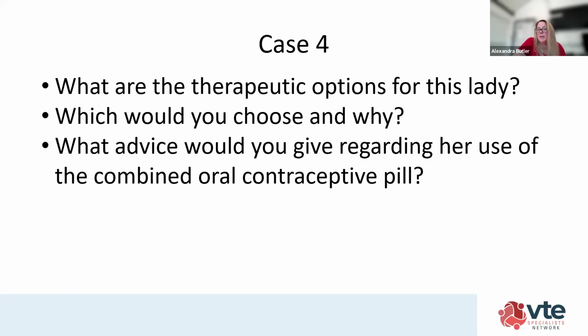Apixaban, switch to POP or other depot. Any DOAC, switch to progesterone only pill. Can have a DOAC, counsel about pregnancy. Apixaban, any DOAC, she should stop using the OCP, any other alternative. Apixaban, RIV, daily dosing with a progesterone only pill, any DOAC.